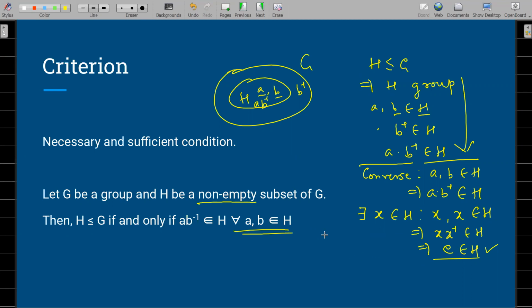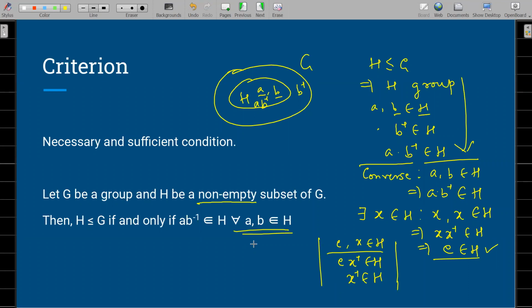Now I'll show that the inverse also belongs to it. We have already established E belongs to H. Take any element, say X belonging to H, then by the condition, E times X inverse will belong to H. So whenever an element is in H, its inverse also is in H. So that establishes that it contains inverses, right?